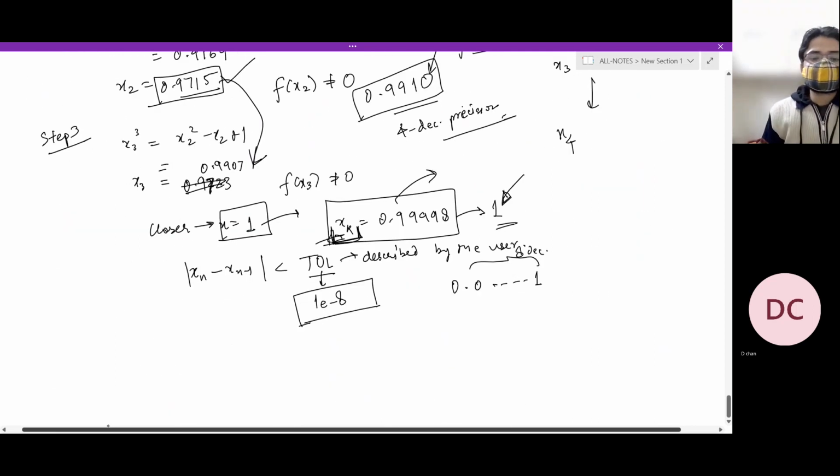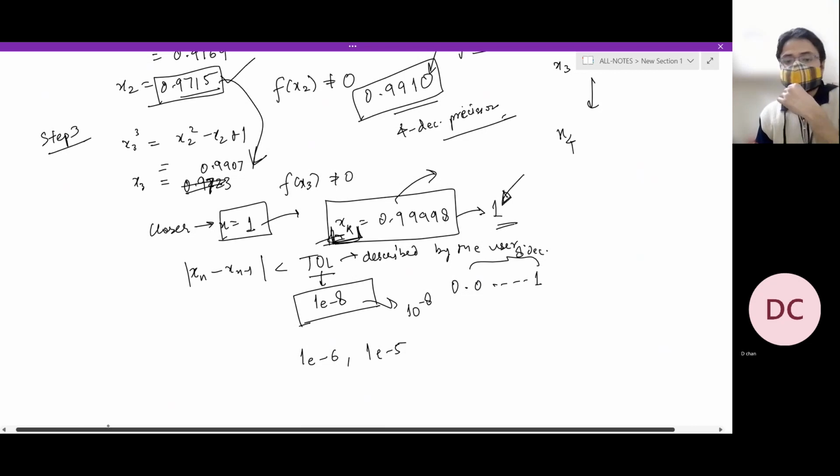Typically, in most practical applications, we are usually keeping a 1e minus 6 or 1e minus 5 tolerance. So this e is basically a computational notation. It is just equivalent to 10 to the power minus 8.